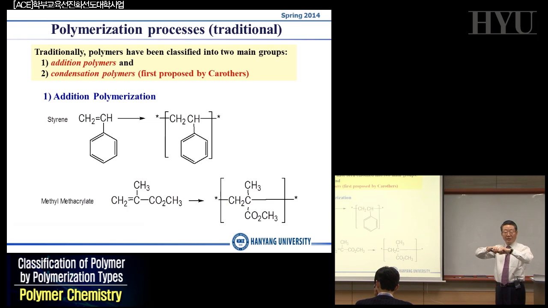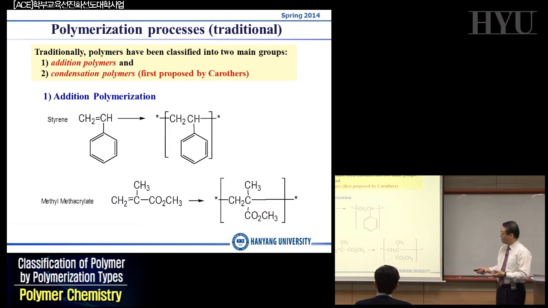Anyway, if you have an active site from your double bond, but you still have a single covalent bond between the carbon and carbon, this active site will react between the molecules, so you form another covalent bond between this carbon and the other carbon from the styrene. So you have a growing chain. We call this an addition polymerization reaction because we do not have any condensate.